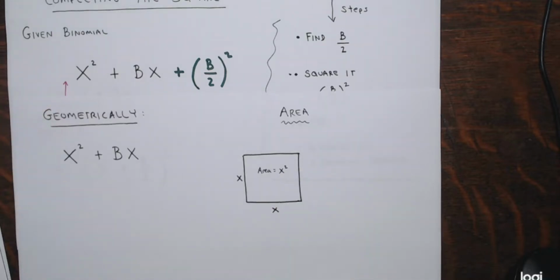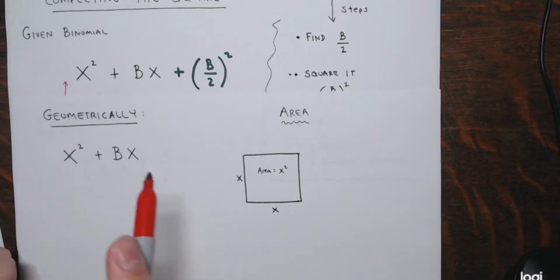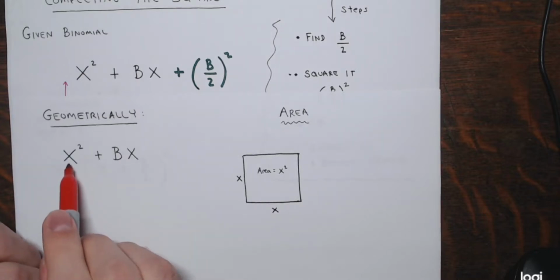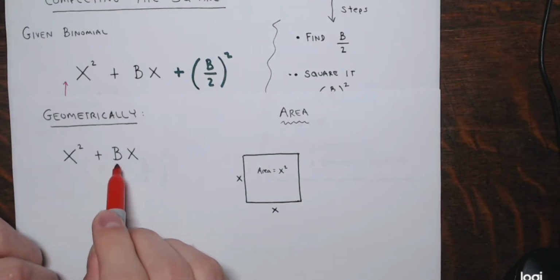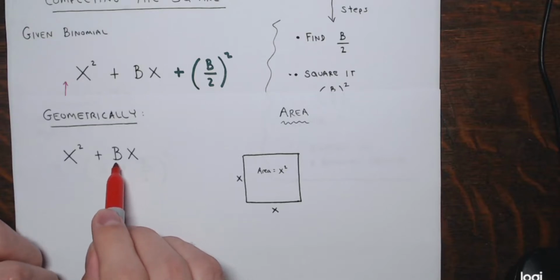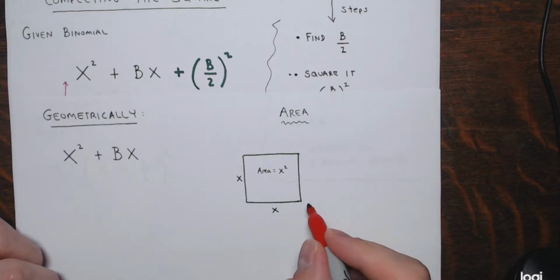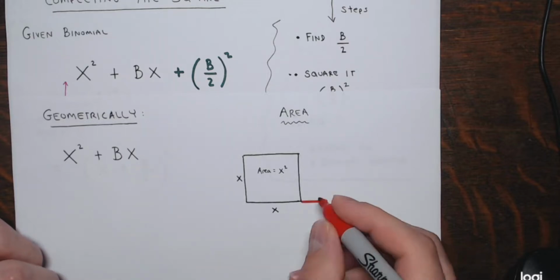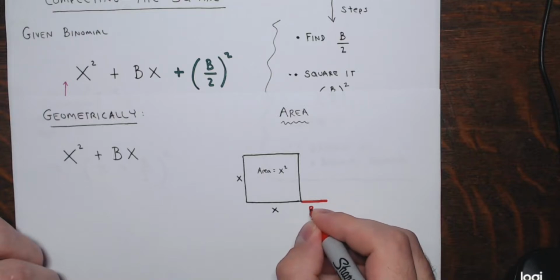Then, that takes care of the x squared term. Then I would like to add on some rectangles so that we have an area of bx. So take the length of b, and we're going to cut it in half. I add on here, in a different color, a length that is half of b.